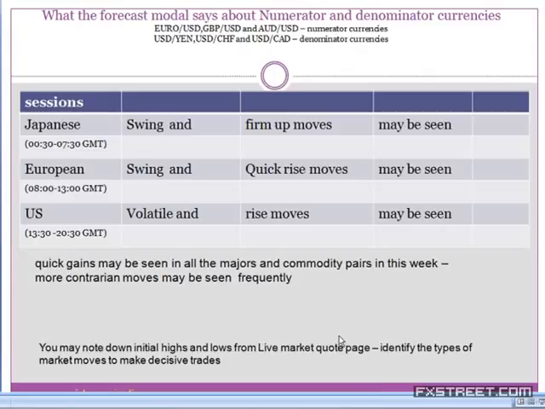So you may come across contrarian moves happening in the market. Try to identify the type of moves happening in the respective currency pairs before committing positions. Understand the market well. Don't go with others saying that the market will go up or come down and commit.